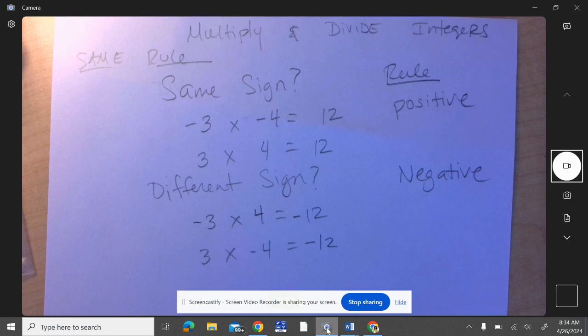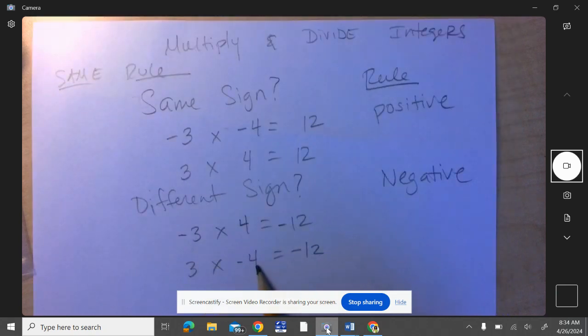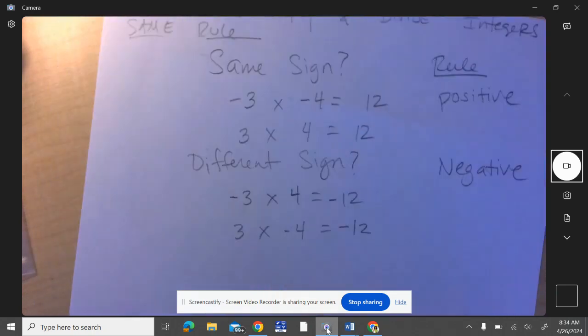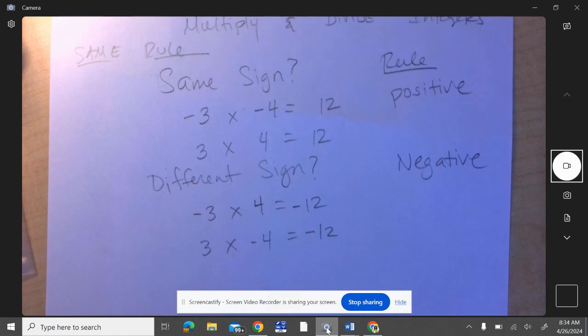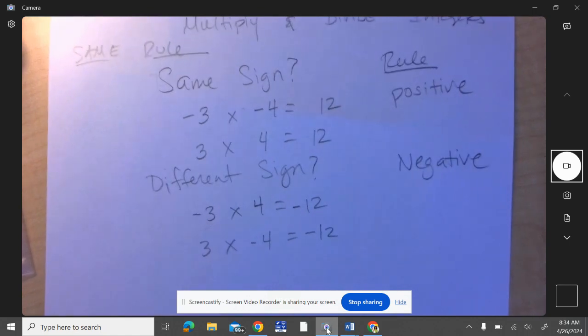Different signs. It doesn't matter which one is different. In the first example, the -3 is different. You have a negative number. In this next example, the -4 is different. So you have a negative answer. So if you have a positive and a negative being multiplied or divided, it is going to be negative.